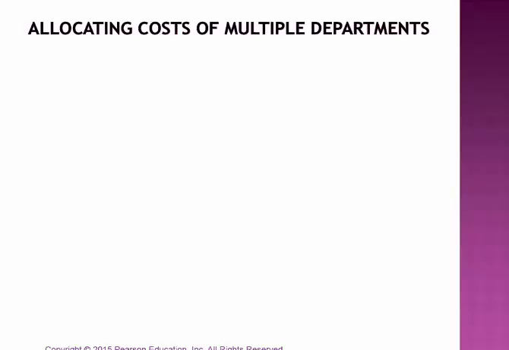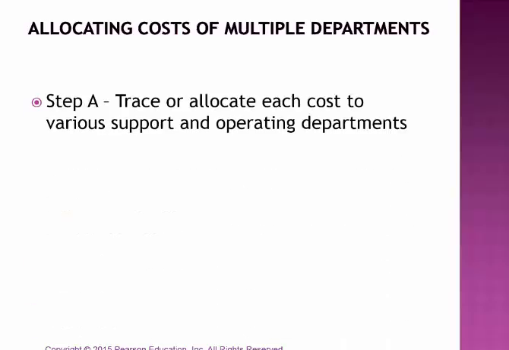All right, so up until this point, what we've seen is that we trace cost directly to departments or allocate them to those specific departments, whether they be support departments or operating departments. We get those costs to where they need to go if we can trace them straight there.